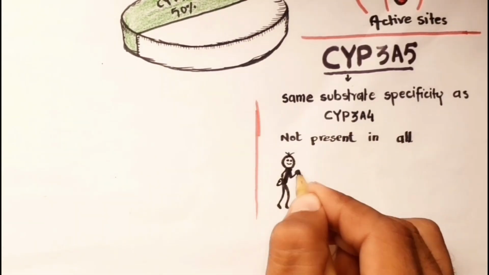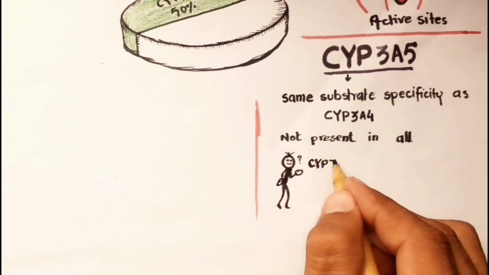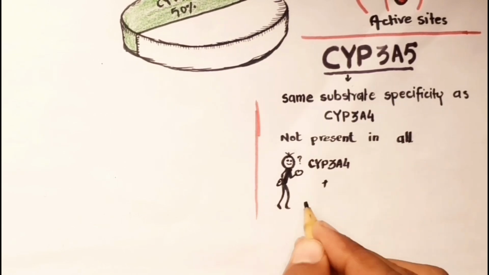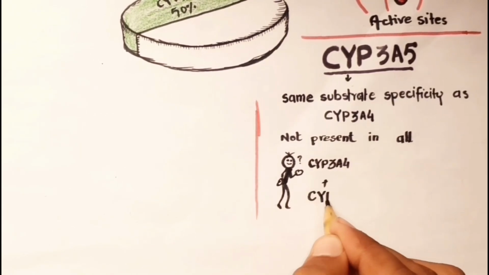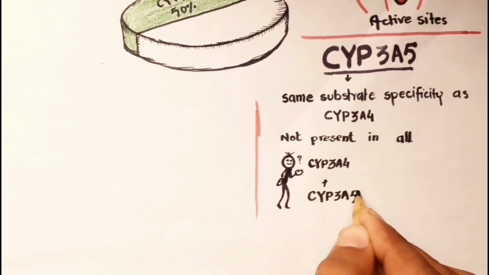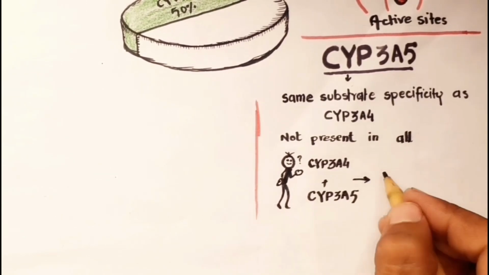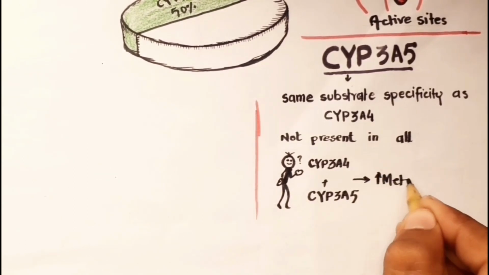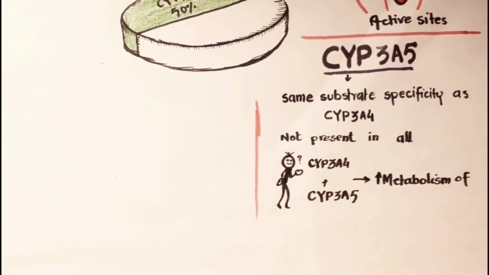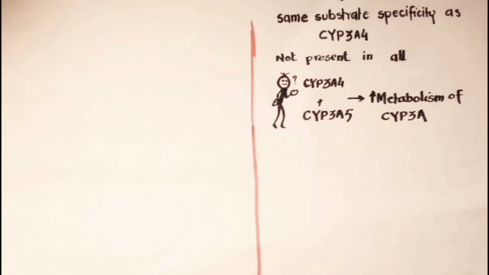Thus, individuals expressing both CYP3A4 and CYP3A5 have the potential to show increased metabolism of CYP3A drug substrates as compared to individuals expressing only the CYP3A4 isoform.